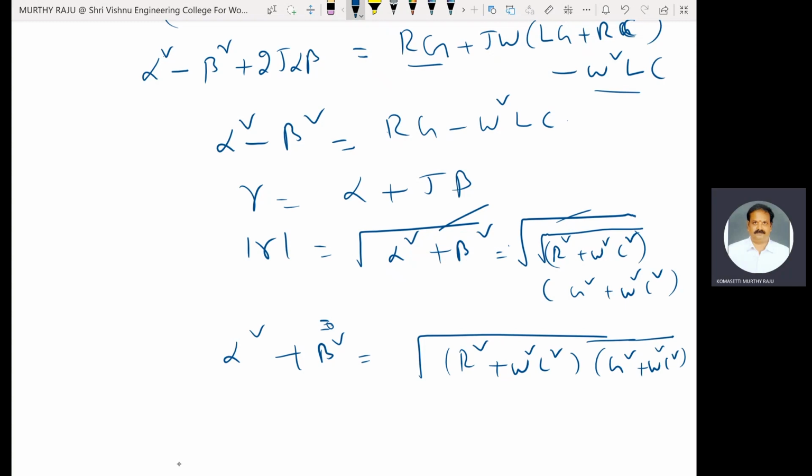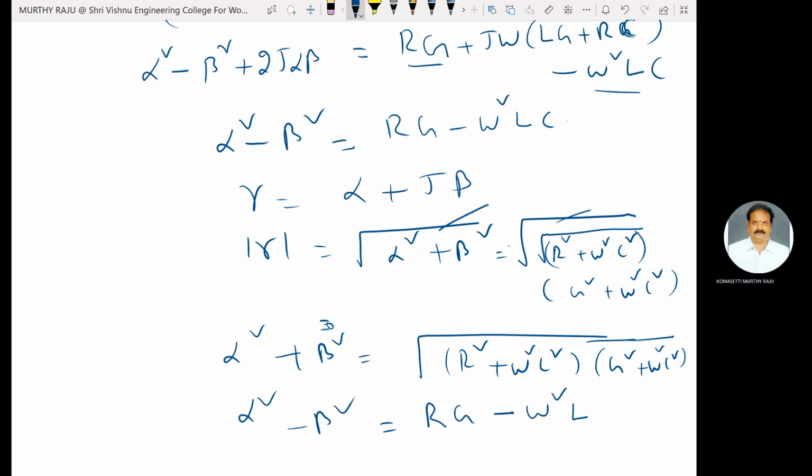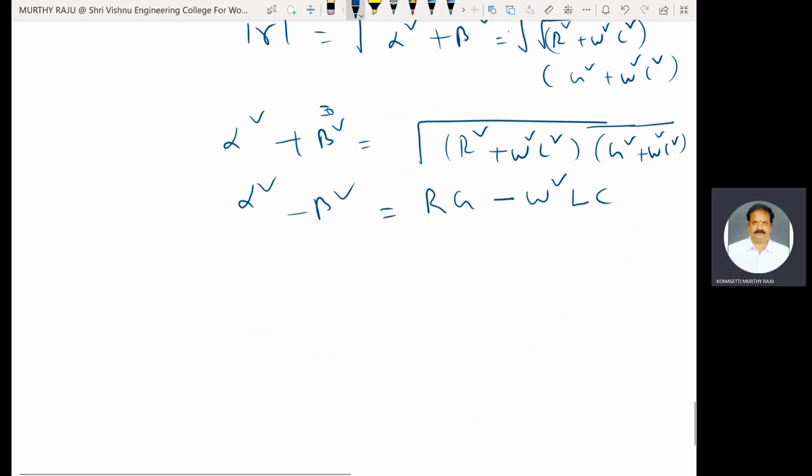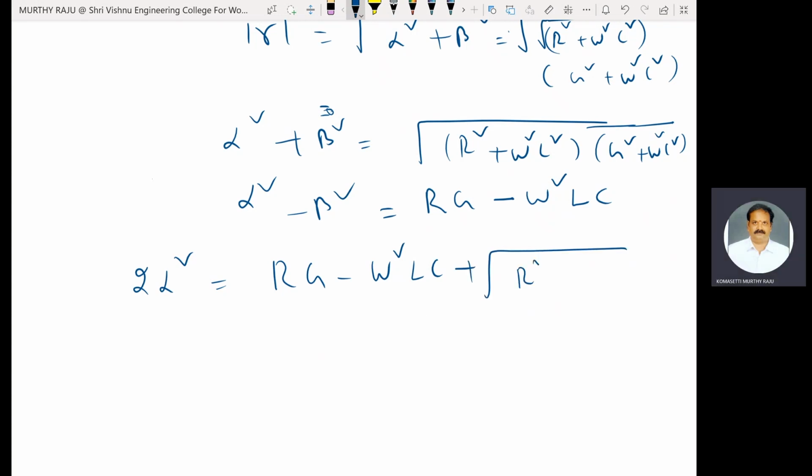But alpha square minus beta square is equal to RG minus omega square LC. Add these two equations and we get one expression: 2 alpha square is equal to RG minus omega square LC plus square root of (R square plus omega square L square) into (G square plus omega square C square).